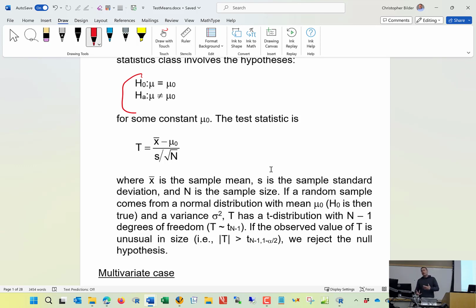What we look for in this hypothesis test is, do you observe a value of t that is unusual relative to a t distribution? If the null hypothesis is true, and I draw out a t distribution, of course it's centered at 0 and symmetric. If I have a test statistic that falls way out here on that t distribution, there's very little probability of being out that far, so it's unusual, and you would reject H0. That's how we do hypothesis tests.